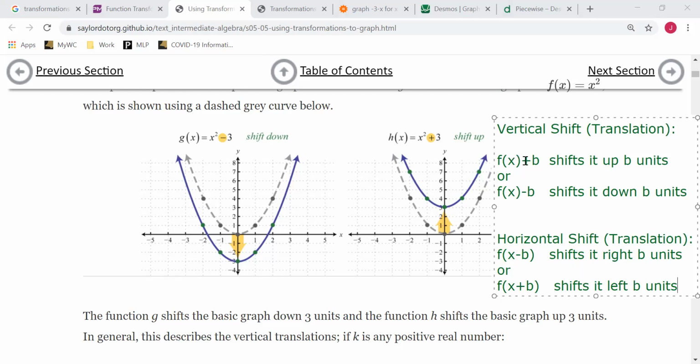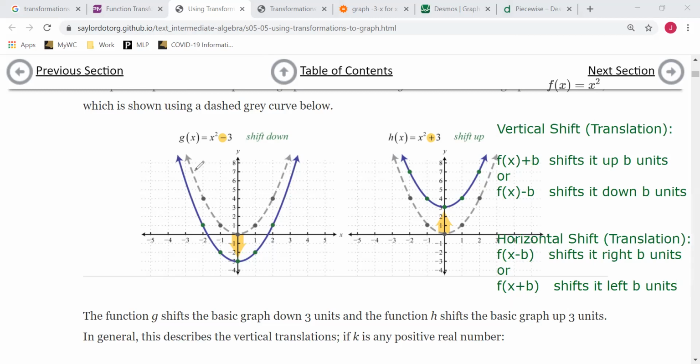Also, what does it mean that I add b to the whole function, but down here I added it in just with the x? Here's what I mean by that. If your function f of x was, say, x cubed, then if you add a 4 to it, what I mean is you take the original x cubed and then you add 4.